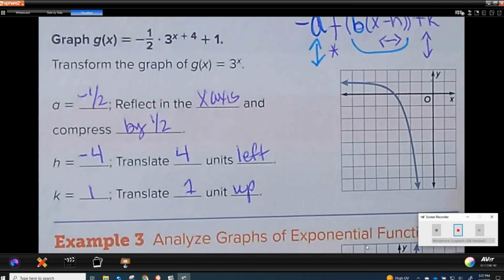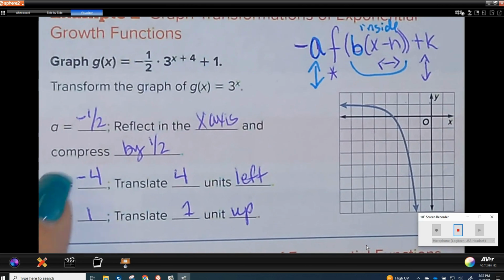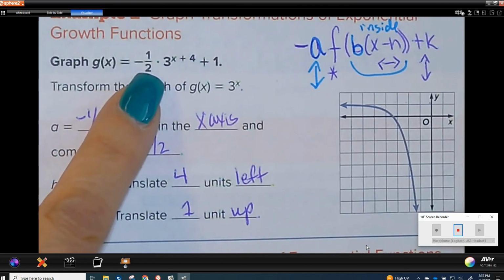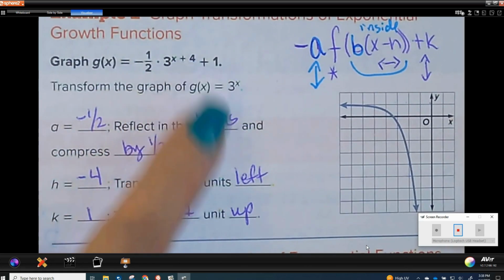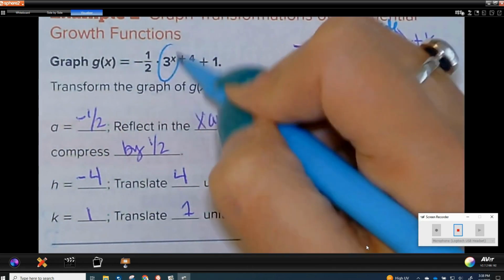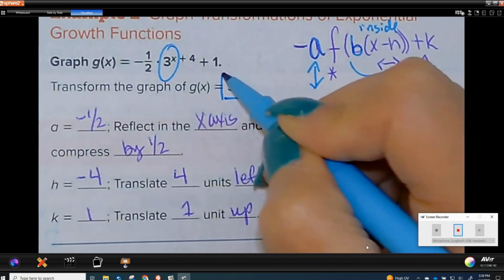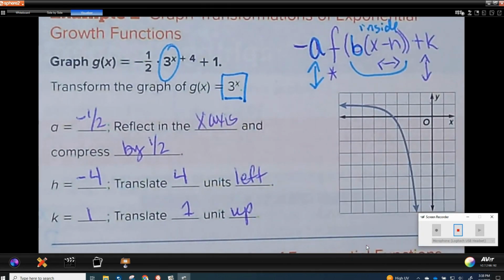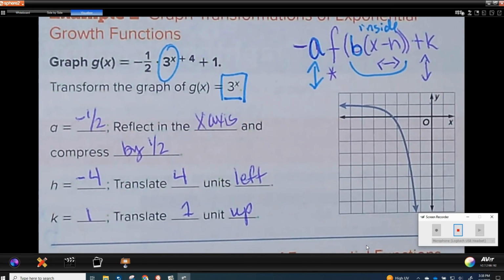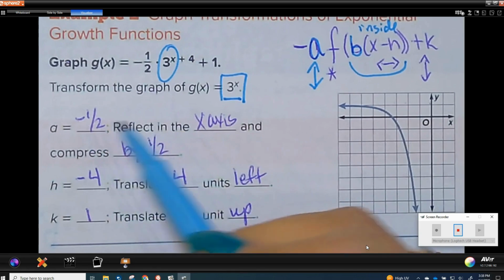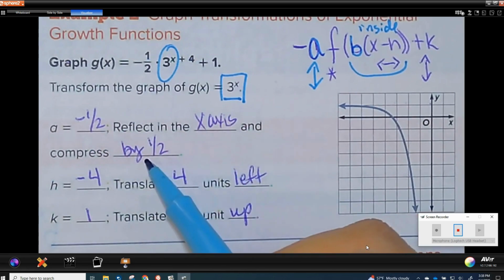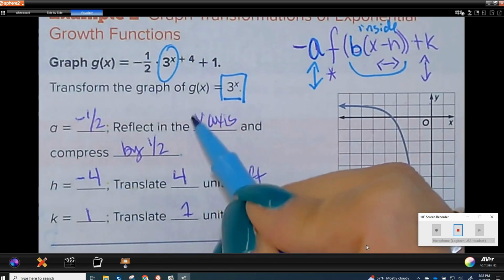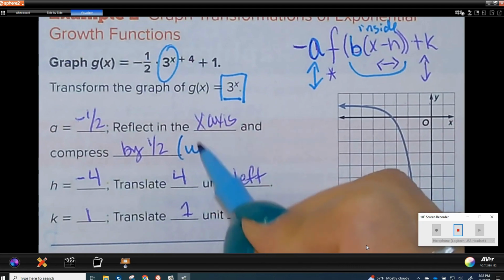So here is this one with 1, 2, 3, 4 transformations. This is your parent function. Exponential always has a base of a number and an x in the exponent. So for the 4 transformations, negative 1/2 does 2 things: it reflects it and compresses it by 1/2, which makes it wider.